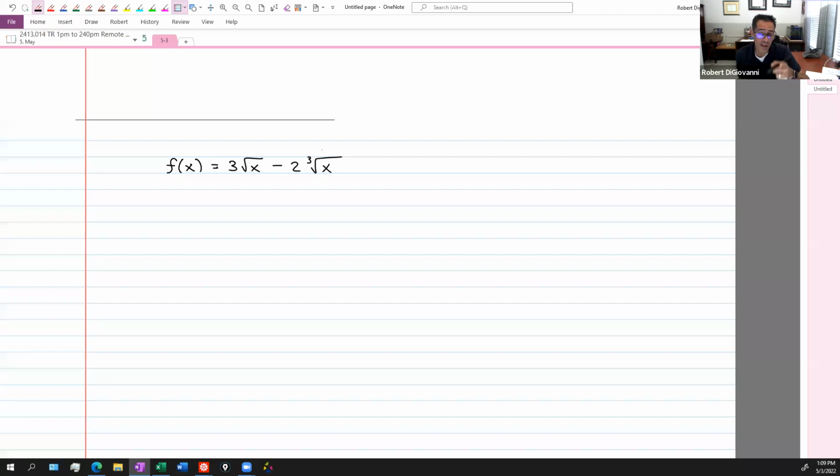So the only thing that we learned last time was that if we were trying to find the antiderivative of x to a power, we had this thing called the power rule, right? If you have x to the n, the antiderivative of that would be 1 over n plus 1 times x to the n plus 1 plus some constant, if n was not equal to -1.